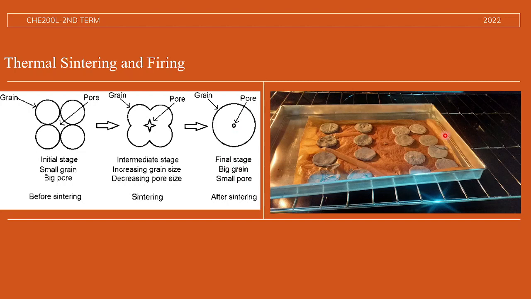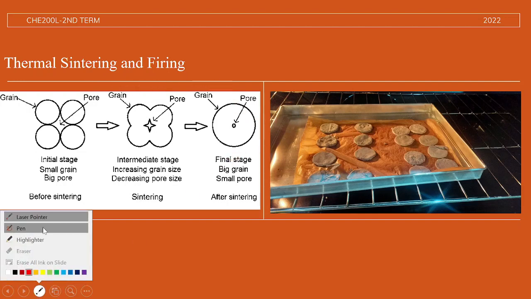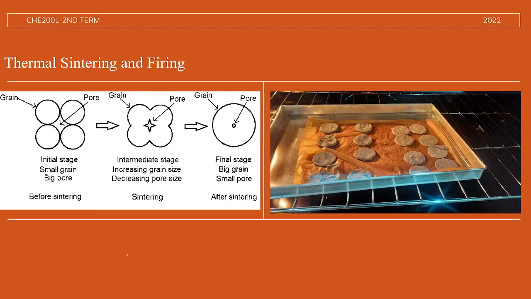That's why our membrane is subjected in an oven, sintered or fired in an increasing temperature. If, for example, the target temperature is 270, we will not start at 270.